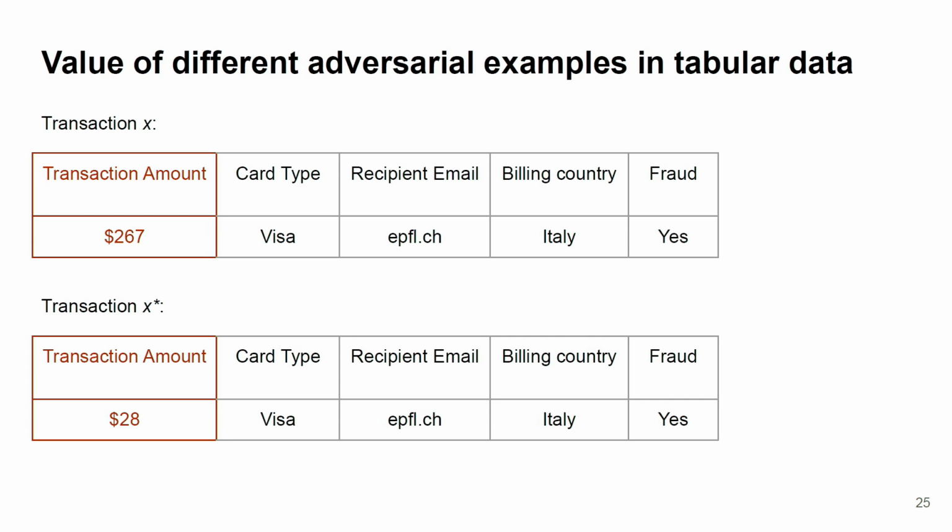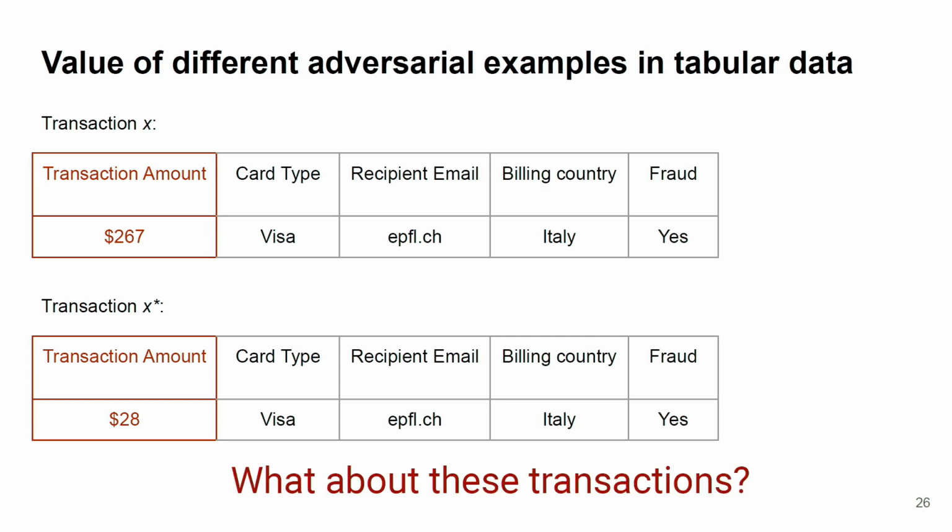They are pretty similar except for one field, which is the transaction amount, but this field actually is the most important one because it is the amount of money which the adversary gets after a successful attack. And transaction X can be like 10 times more valuable than transaction X star for an adversary because he gets 10 times more money.